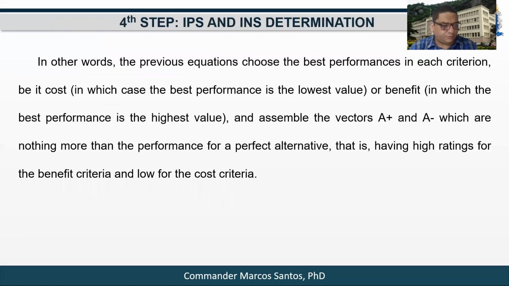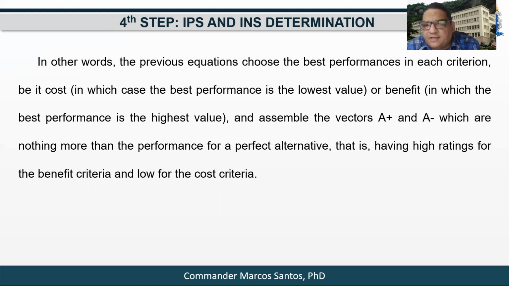So, in other words, the previous equations show the best performance in each criterion, be it cost, in which case the best performance is the lowest value, or benefit, in which the best performance is the highest value.